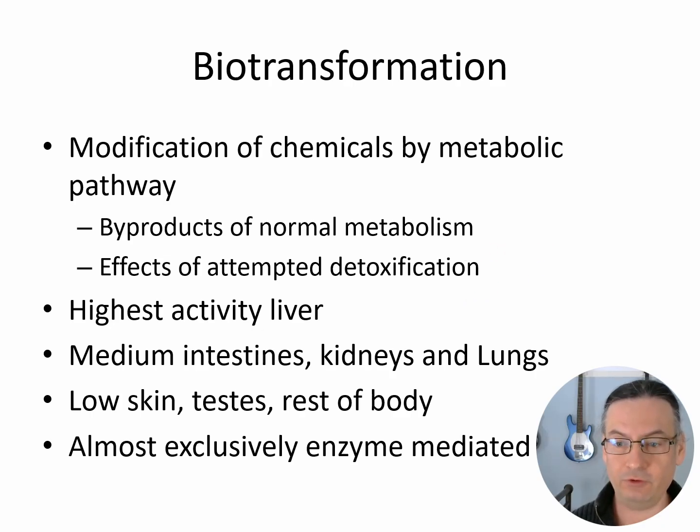Now, if we're looking at different target organs, the most bioenergetically active tissues are going to be the ones that are going to effectively have more of the biotransformation occurring in there. So of course, your liver, you have something that gets absorbed by your intestines, goes through your HPV into your liver.